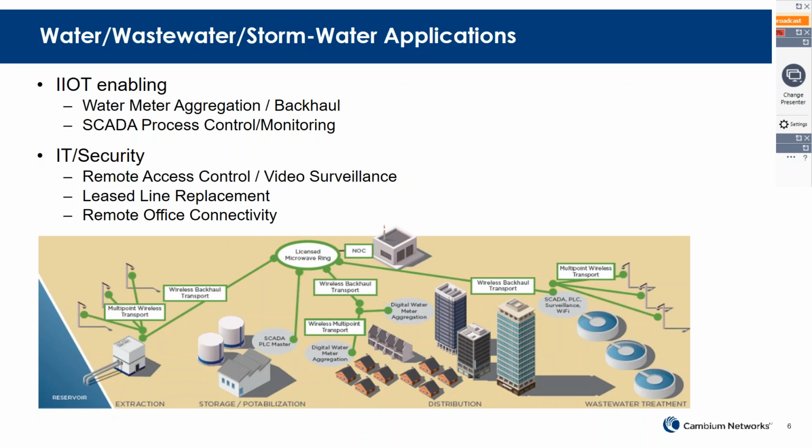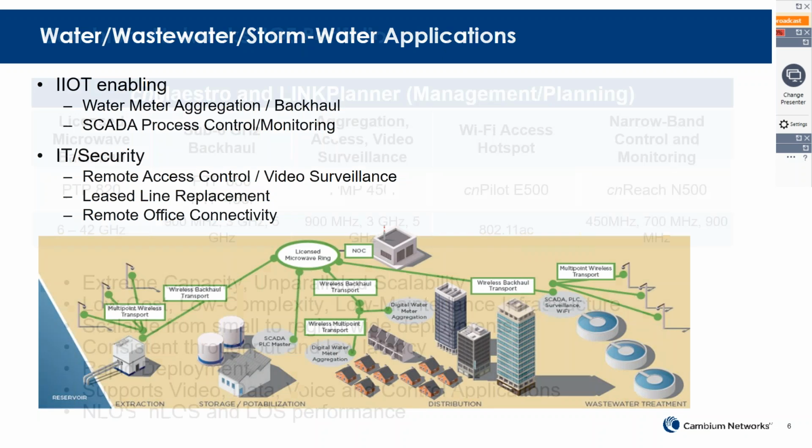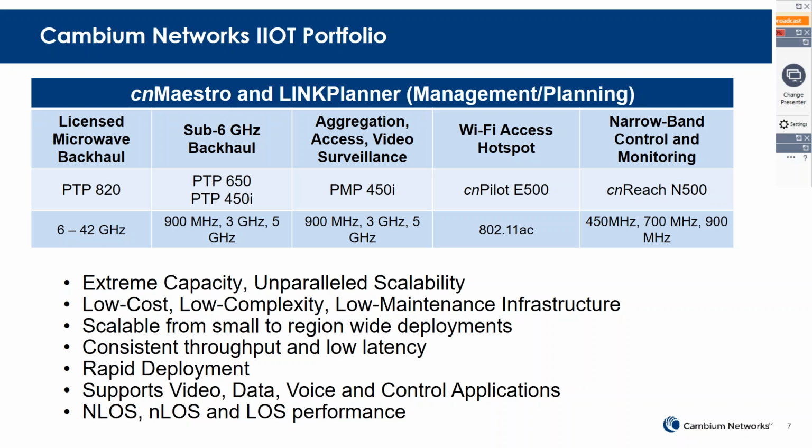Now let's get deeper into our product portfolio. On the left-hand side, we have the licensed microwave backhaul, the PTP 820, which operates in the 6 to 42 gigahertz range.